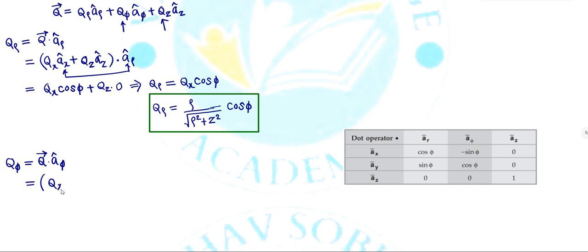It is again the same as the previous one, so that is qx ax cap plus qz az cap having the dot product with respect to your a phi cap. Okay, so firstly we will have the multiplication, and then we are going to put the values as we have done in this case. So qx, for now I am going to put it as it is for your reference purpose.